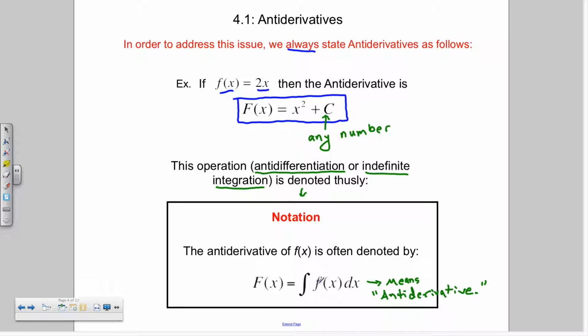So the indefinite integral means the antiderivative. And it's called an indefinite integral because notice that we don't have any bounds right there. It's not definite. It's not defined by bounds. It is indefinite, no bounds. So you can tell that when you see an integral sign without any bounds at all, you will be finding the antiderivative of this particular function inside.